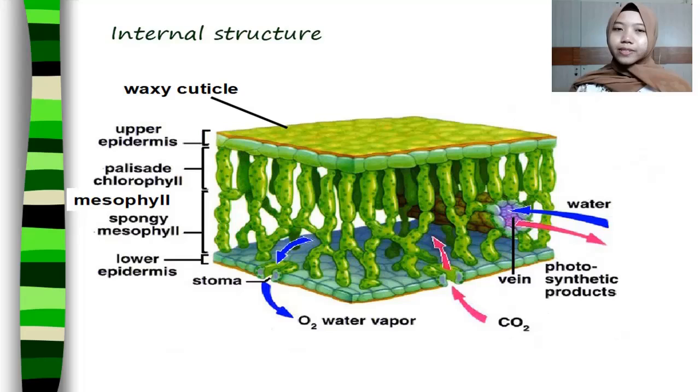Internal structure: there is waxy cuticle, upper epidermis, palisade chlorophyll, spongy mesophyll, lower epidermis. This is mesophyll. There is stoma, water vapor.